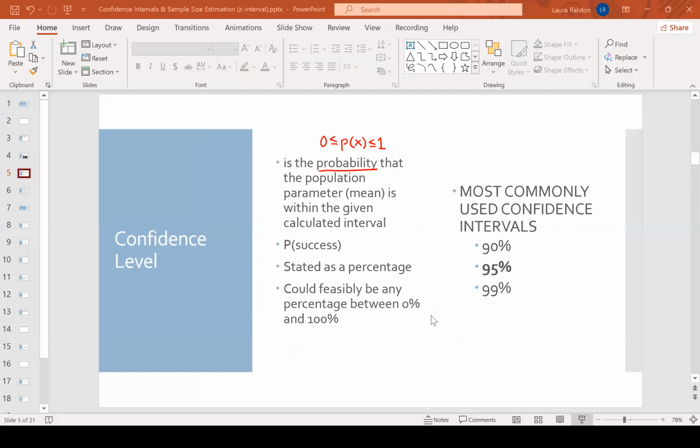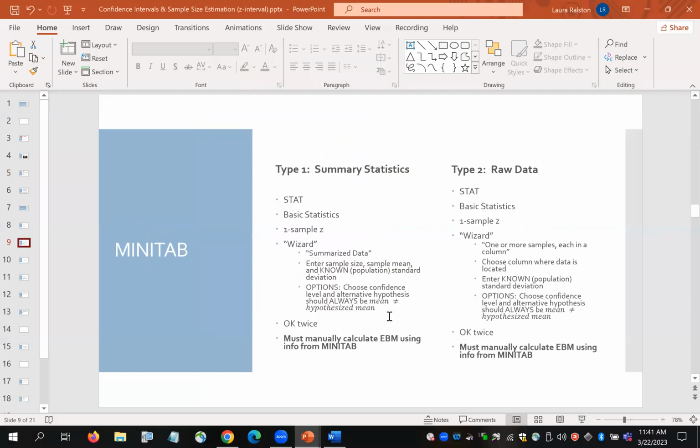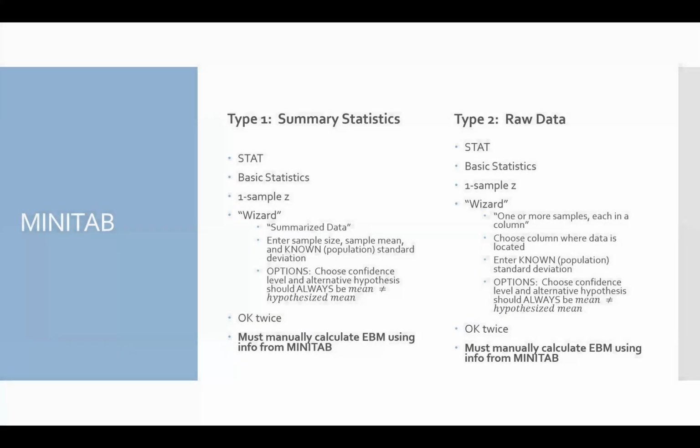On this particular slide, and let me tell you what slide it is, slide 9 on the PowerPoint for the confidence intervals for Z, you will find the instructions for Minitab. In the middle column, you have the steps if you have the summarized data.